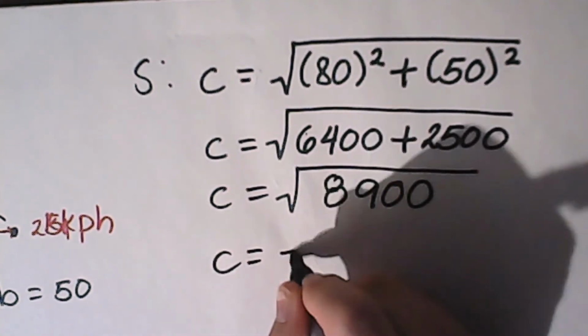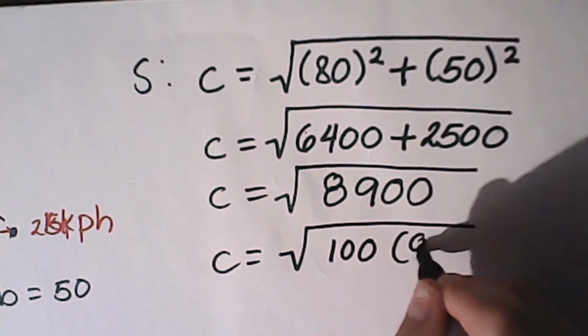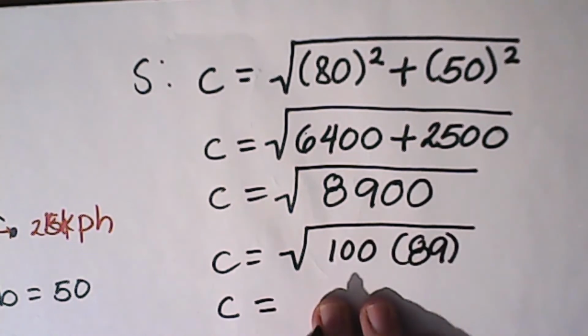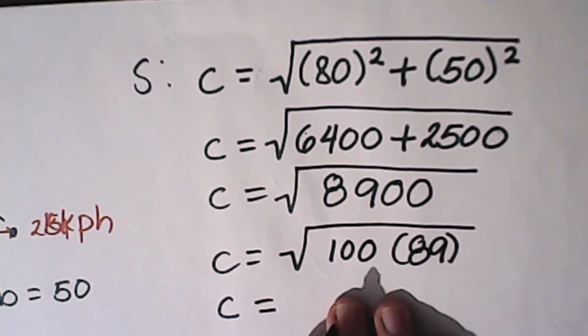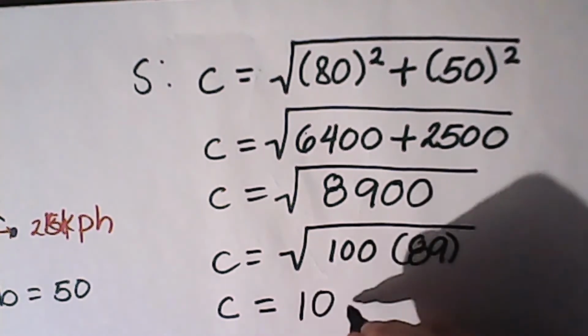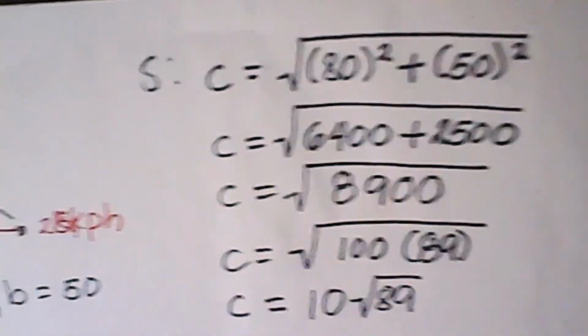So, C is equal to the product of 89 and 100, and 100 is a perfect square. We can extract it out. The square root of 100 is 10, leaving us with a radicand of 89.